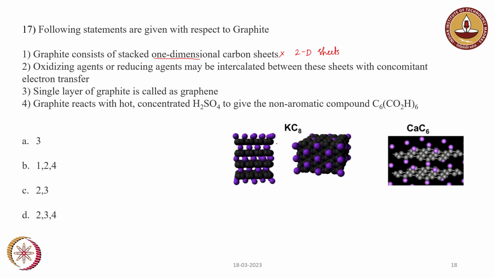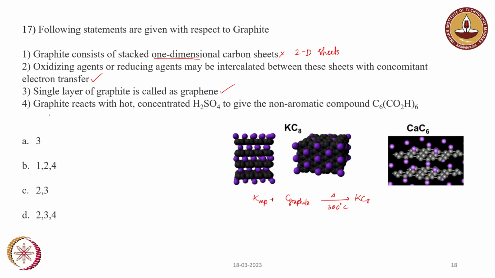This one can be prepared by potassium vapor reacting with graphite sheet, heating at 300 degrees Celsius. So it will give KC8, and so the second statement is true. And the third one, a single layer of graphite is called graphene. So this statement is also true.